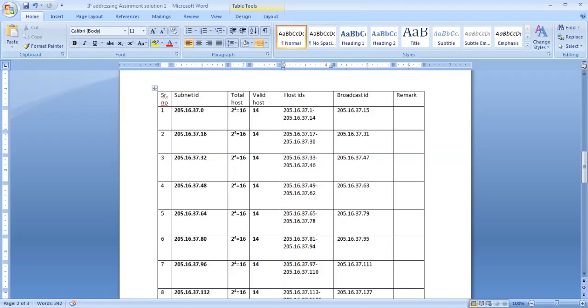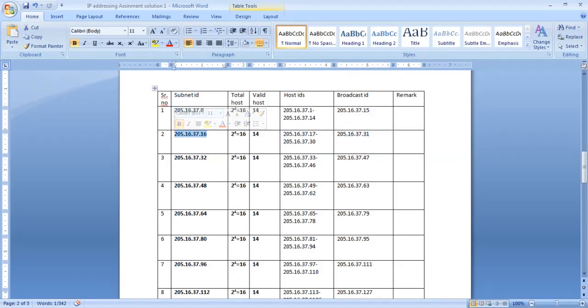And the broadcast address, 205.16.37.15, will be used as the broadcast address for this subnet. The next subnet will start with 205.16.37.16, followed by its valid host range, and it will have its own broadcast address.